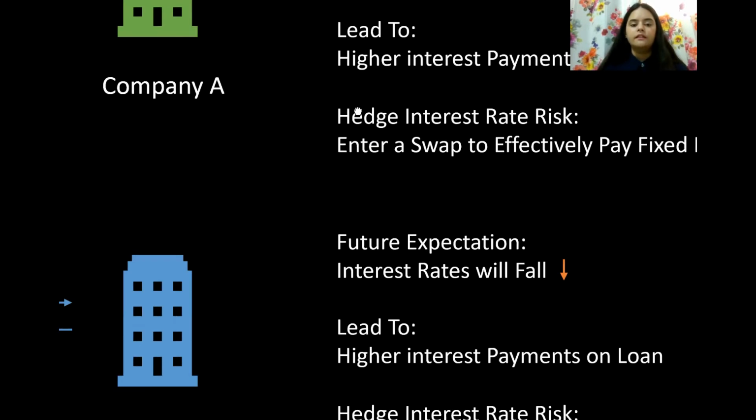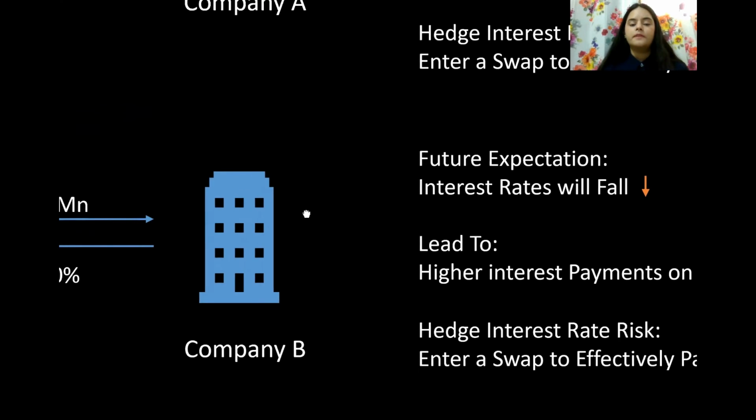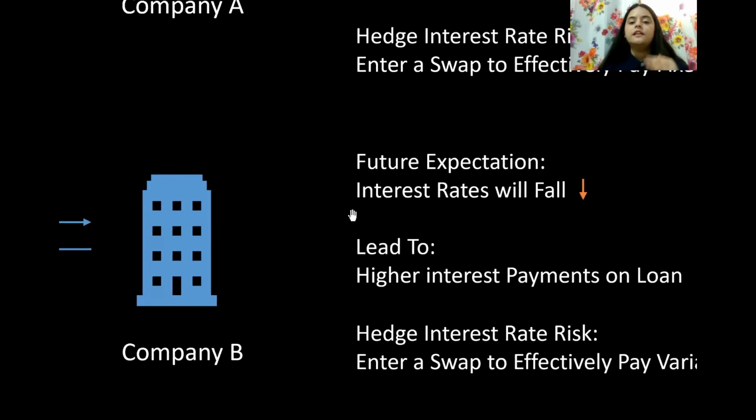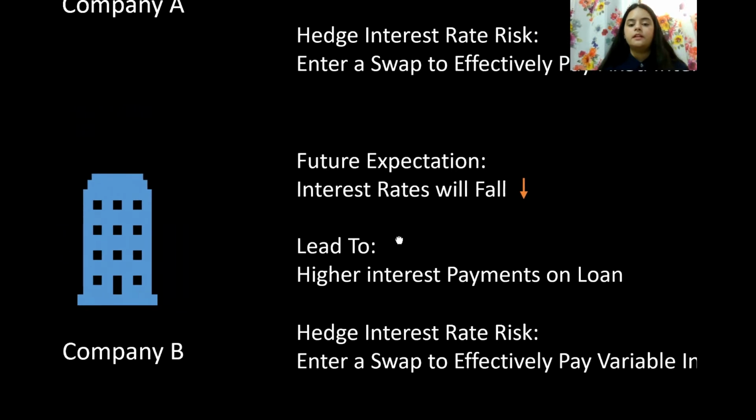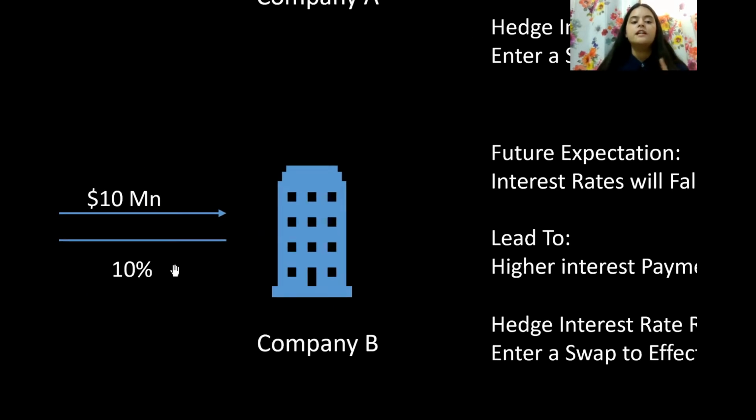On the other hand, the future expectation of company B is that the interest rates will fall. If the interest rates fall, company B is relatively paying higher interest payments on the loan because the market interest rates have decreased, but company B is still paying a fixed rate of 10% here.